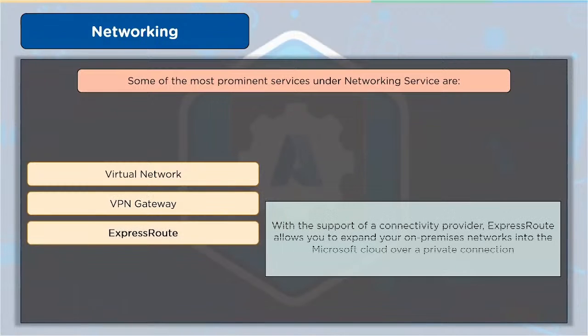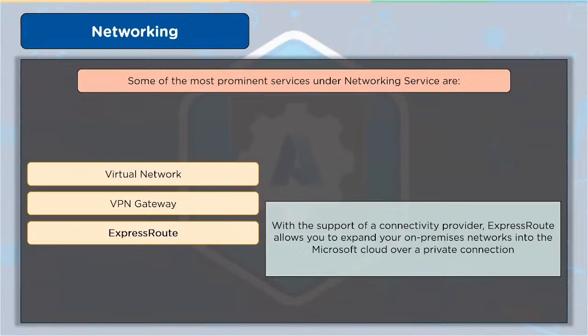So now moving on to ExpressRoute. With the support of a connectivity provider, ExpressRoute allows you to expand your on-premises networks into the Microsoft Cloud over a private connection. You can connect to Microsoft Cloud services such as Microsoft Azure and Microsoft 365 using ExpressRoute.